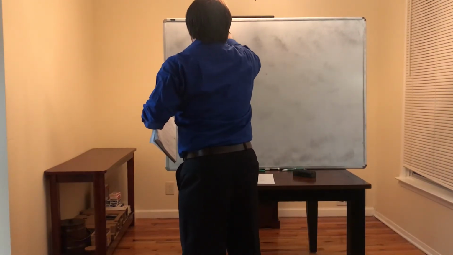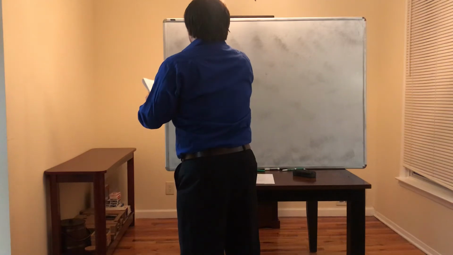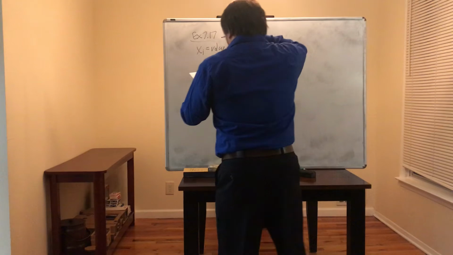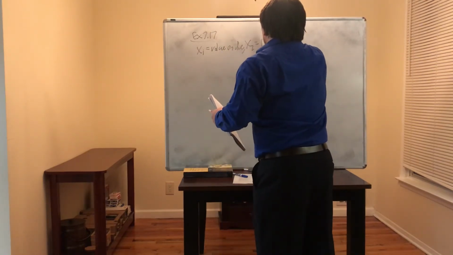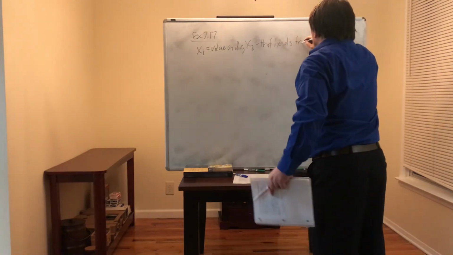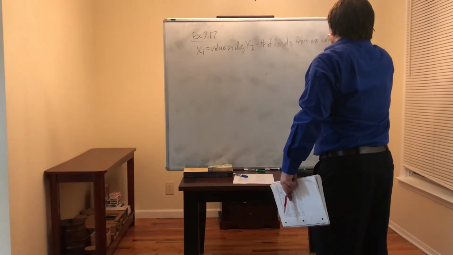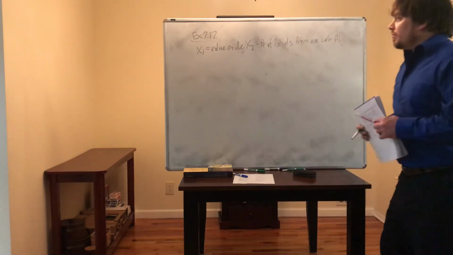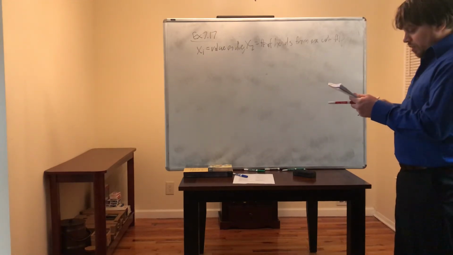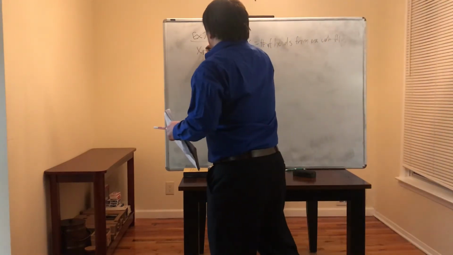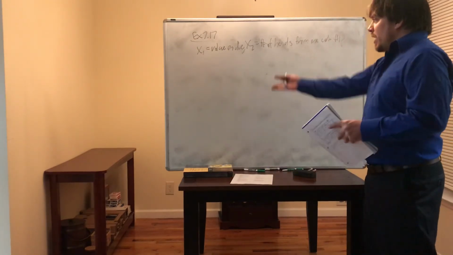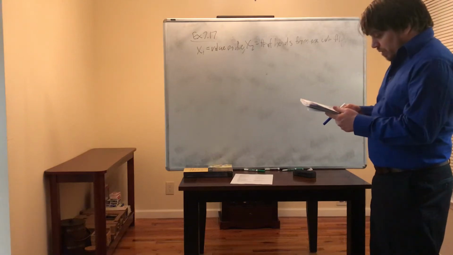Example 7.17. X sub 1 is the value on the die, and X sub 2 is the number of heads from one coin flip.